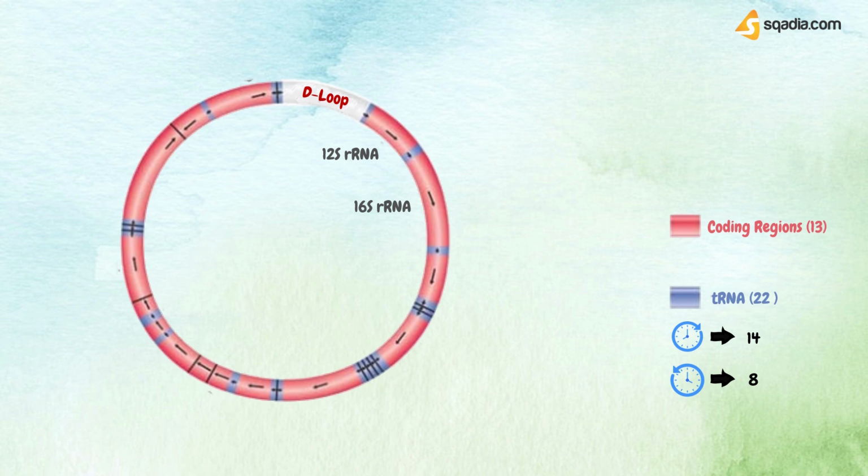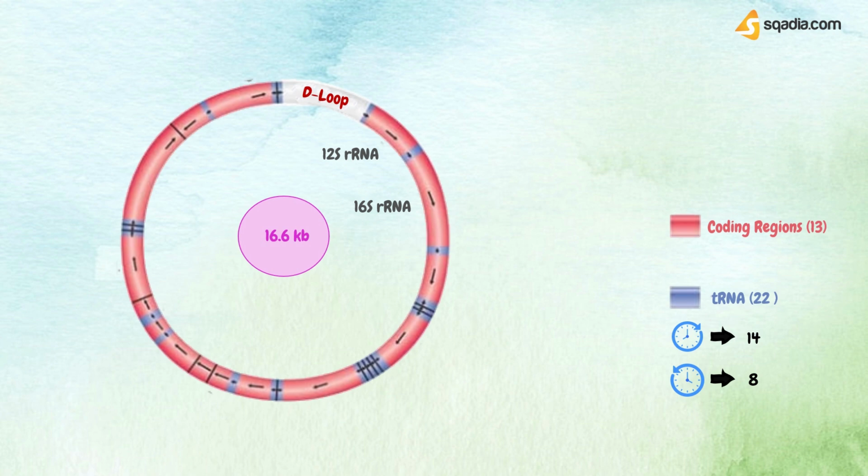Mitochondrial DNA has 16,569 base pairs. The complete nucleotide sequences of animal mitochondrial genomes show extensive homology in organization. There are 13 protein coding regions. All of the proteins are components of the electron transfer system of cellular respiration.